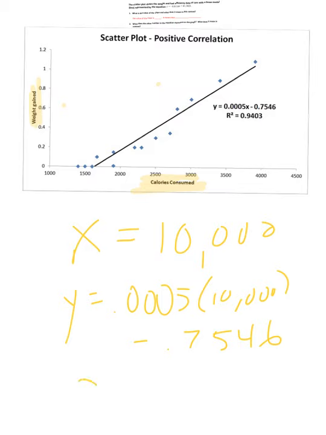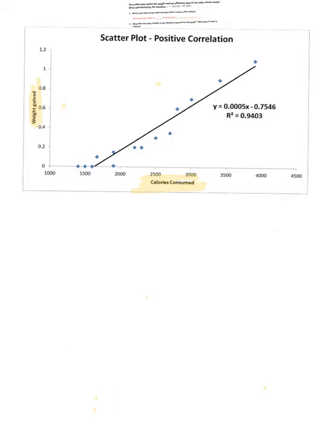And that would give you y equals 4.2454. So if you were to consume 10,000 calories, this would predict that you would gain 4.24 pounds.